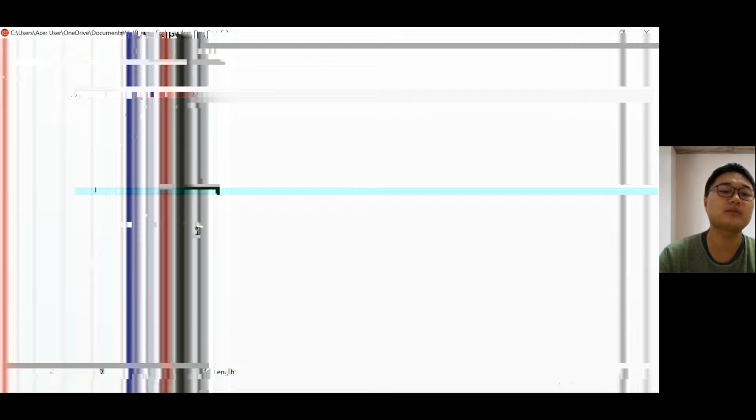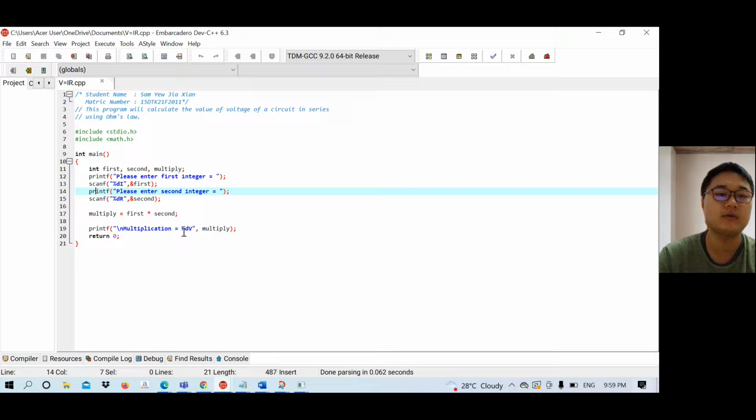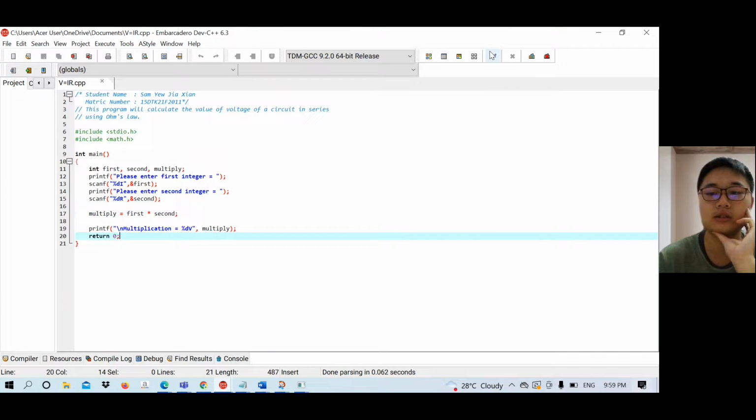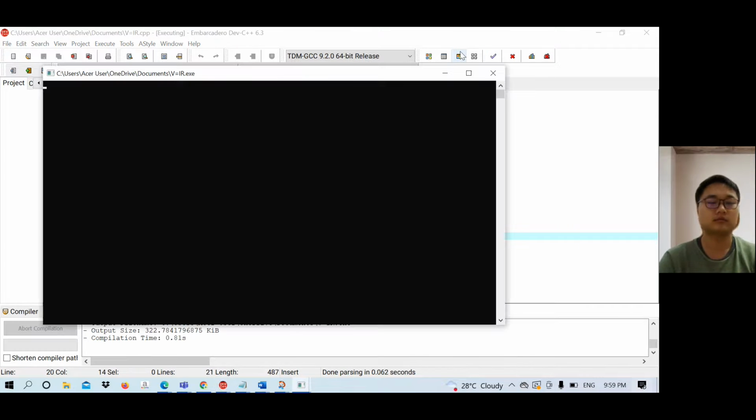So here's the output: multiplication equals %d. I multiply the first and second. The first one is current, while the second one is resistance. So current times resistance equals voltage. It's in here. So I compile and run the program.